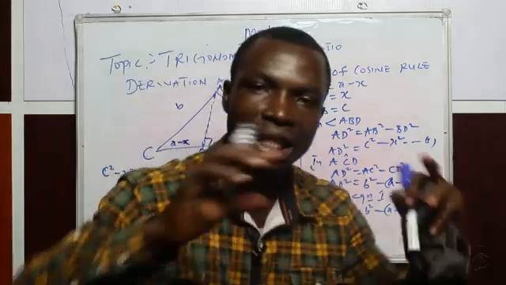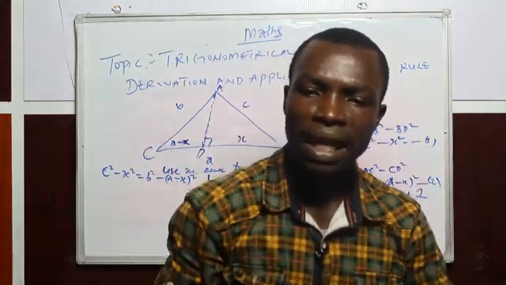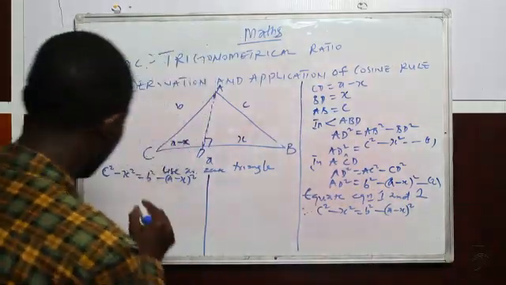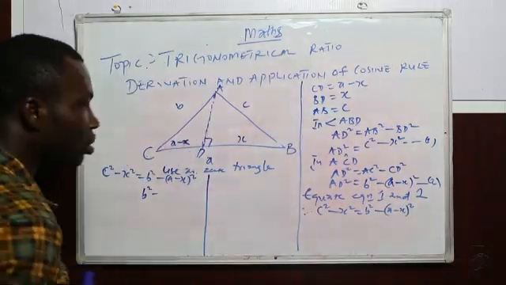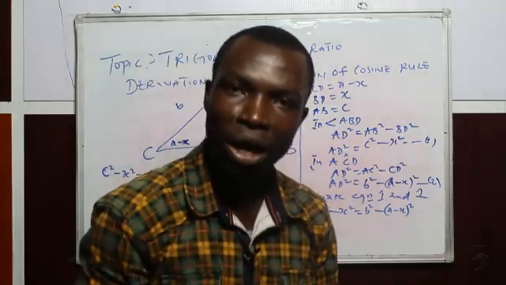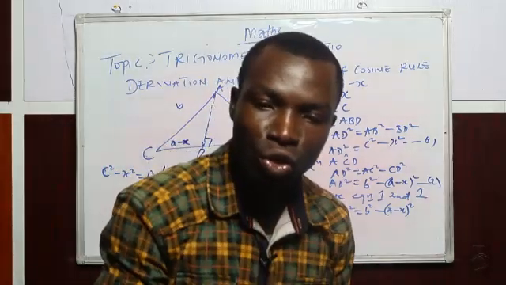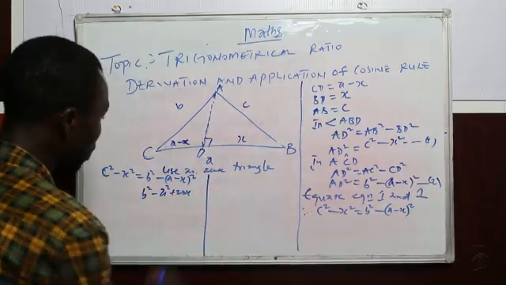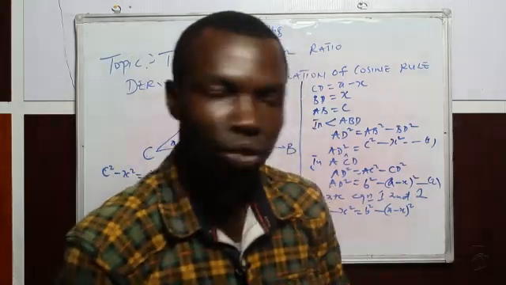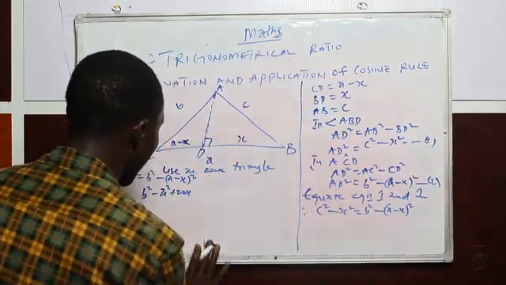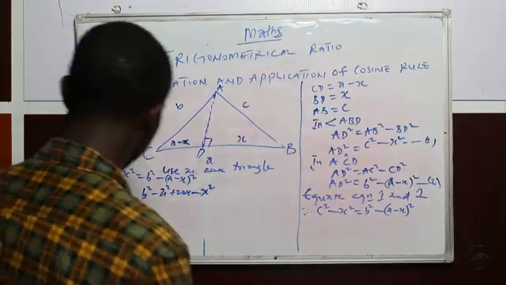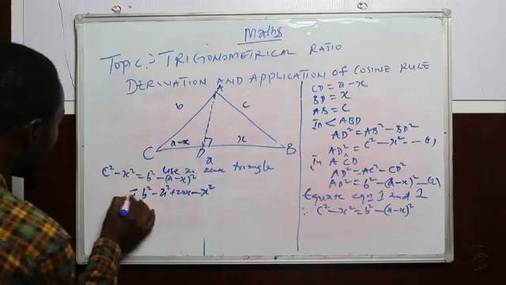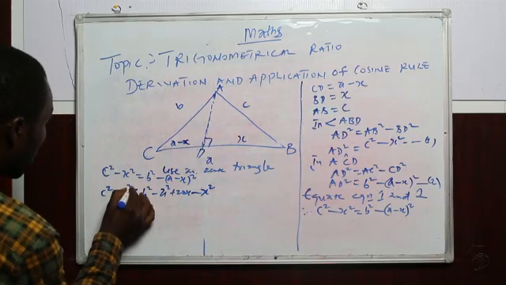We expand it because it is (a minus x) square. By the time we open the bracket, the answer is b square minus a square plus 2ax minus x square, which is equal to c square minus x square.